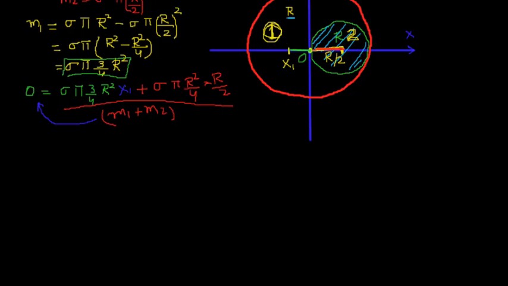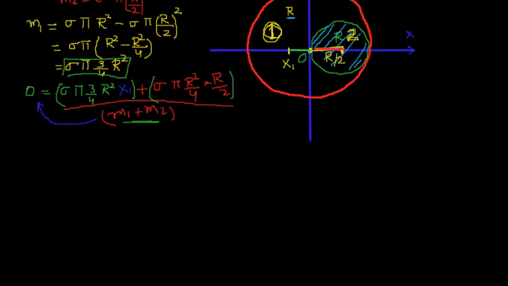So this m1 plus m2 goes to the other side, gets multiplied by 0, vanishes. One of these terms goes to the other side of the 0 and becomes negative, one remains positive.